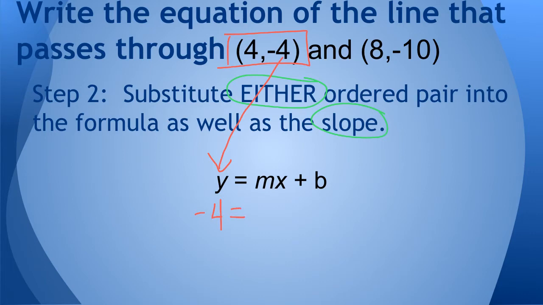The slope we just found out was -3 over 2. The x coordinate is 4, and we don't know b. So step 2, all I'm doing is substituting an ordered pair in for my y value and x value, and of course I knew my slope. Pause if you need to catch up with notes.